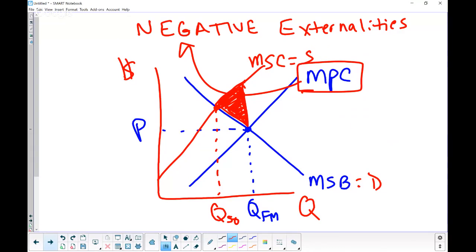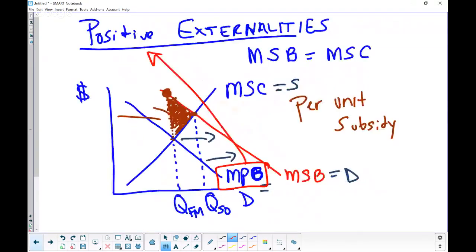Furthermore, with a negative externality, we are overproducing, because we're here and we should be here. Positive externality, we're underproducing, because we're producing here when we should be here. If we add this per unit subsidy, what happens to deadweight loss?